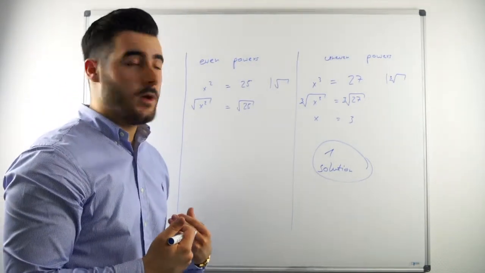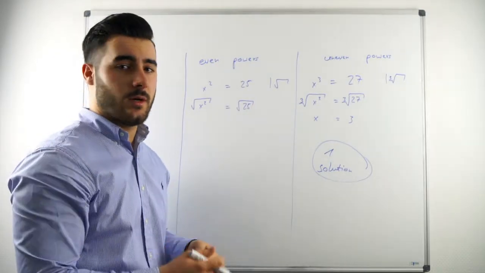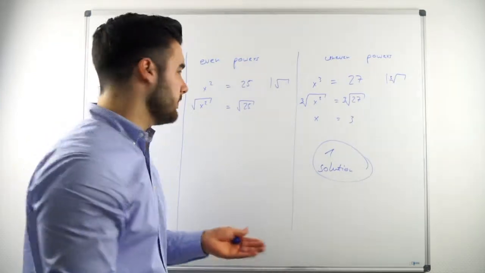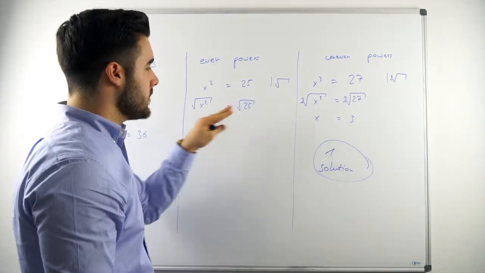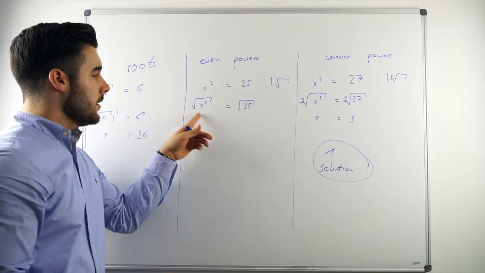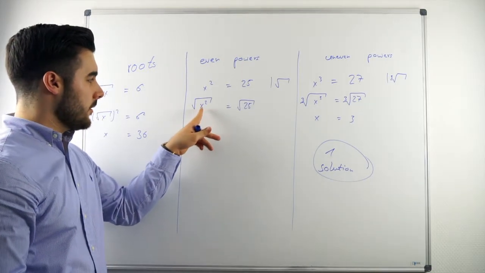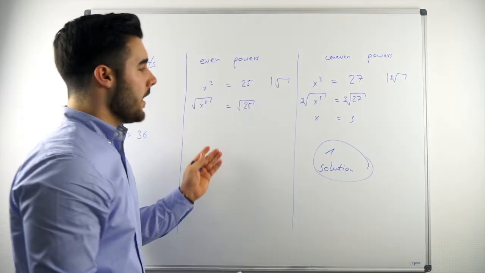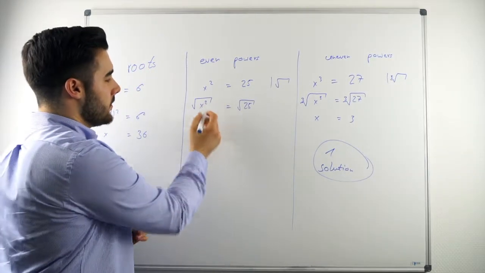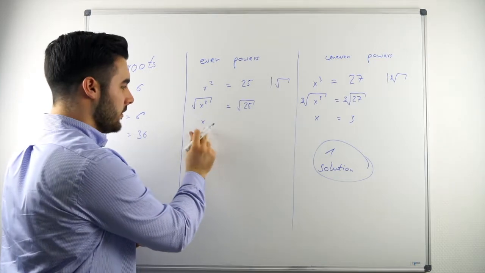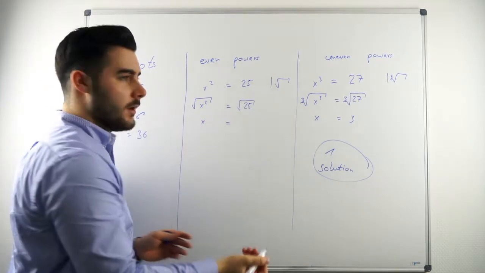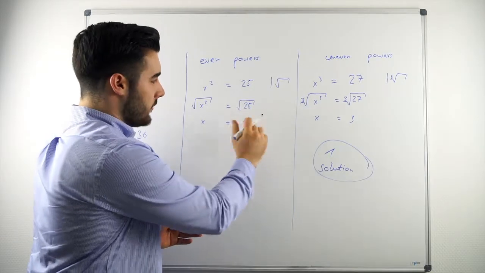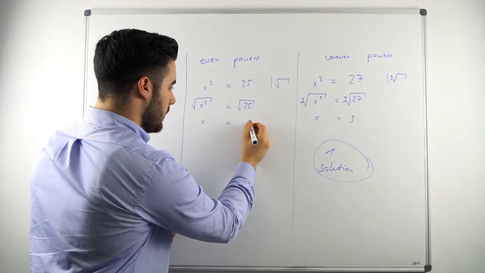I remember in my school it was necessary to always write it this way in exams, but if you have multiple choice exams, it doesn't matter at all. So to get back to the example, we have the square root of x squared equal to the square root of 25. Again those two cancel out and we are left with an x, and from what we know in math, the square root of 25 is 5.